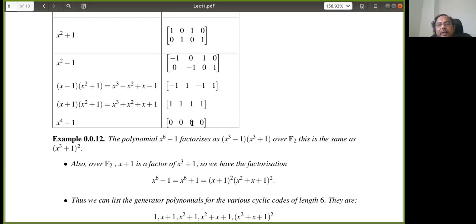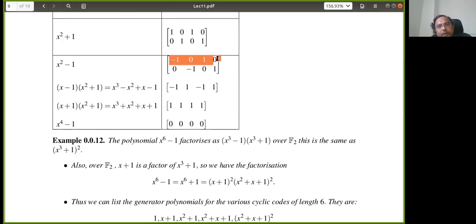Do you understand why only one row is here? I hope you understand that. Here only one row is there because the degree of the polynomial is 3, n minus 1, with n equal to 4. Here there are 2 rows because the degree is 2. Right. So only one 0 will come at the end. I hope this part is okay.